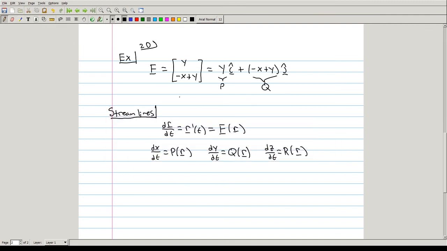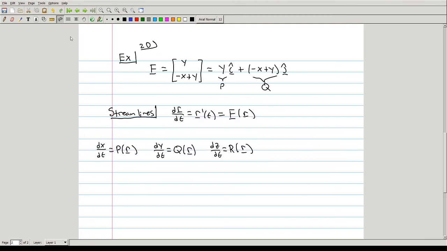So this is the system of equations in 3D. In 2D, we only have two ordinary differential equations. The differential equation is dx dt is equal to p of x, y, and dy dt is equal to q of x, y.